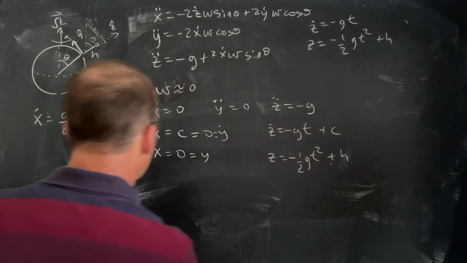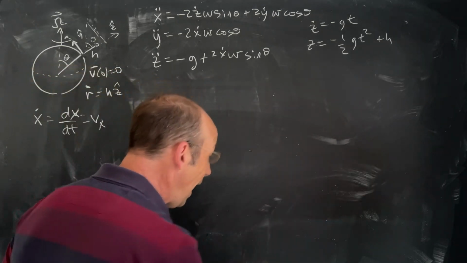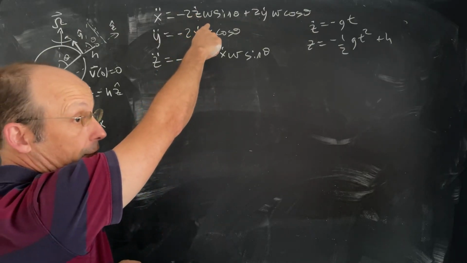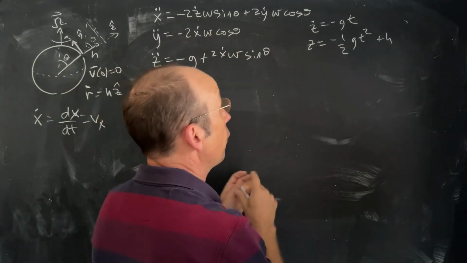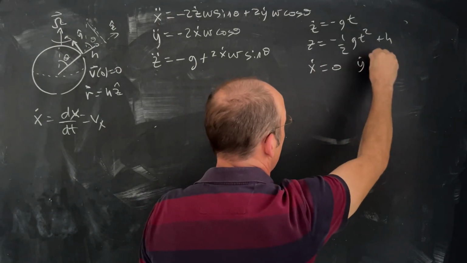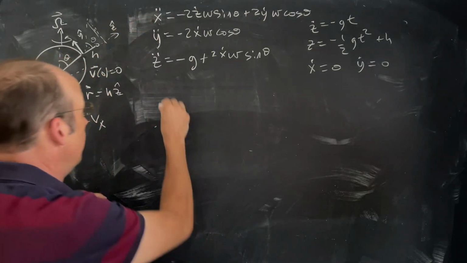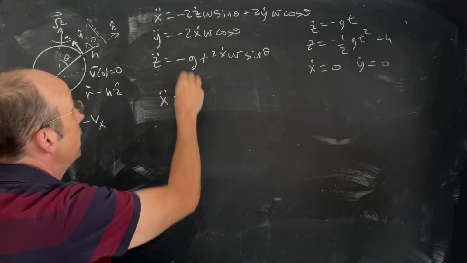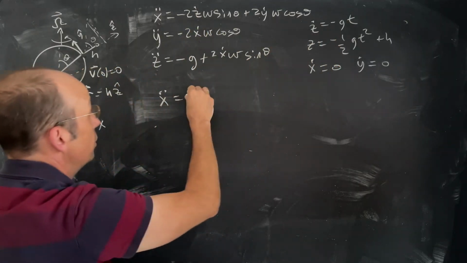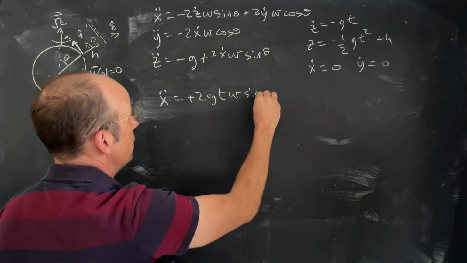That's what that is. I can erase this. Now, let's go back and rewrite our second order differential equations with our new velocities. X dot 0, y dot 0, because we have those derivatives in here. So this equation now becomes x double dot is minus 2, and then I have z dot's negative g, so I get plus g t omega sine theta.